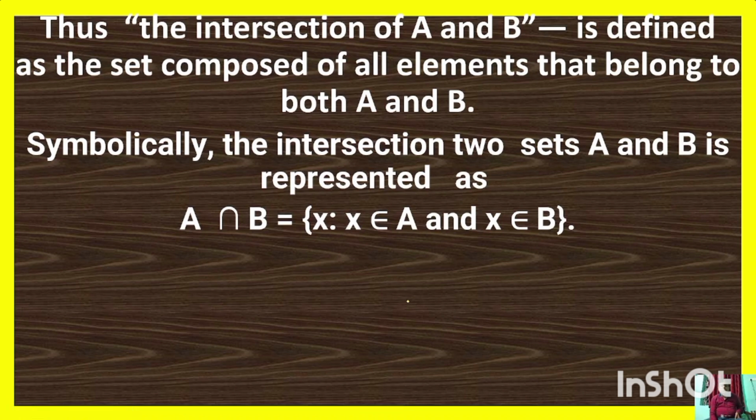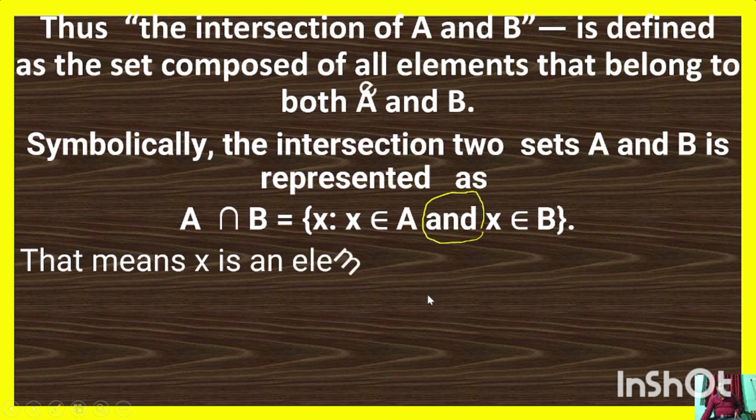Here, in union we use the operator OR, but in intersection we use the operator AND. Here OR means in the union the element is either in A or in B, but the meaning of AND is that the elements of A intersection B should be common elements of both sets A and B. Only common elements you have to take.